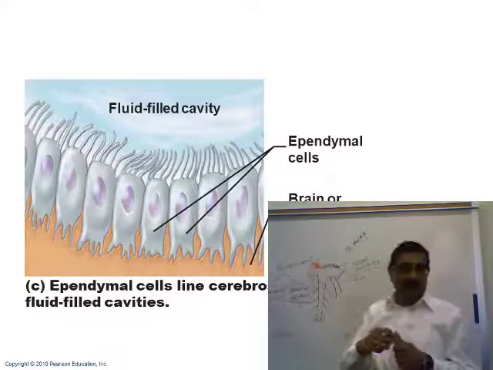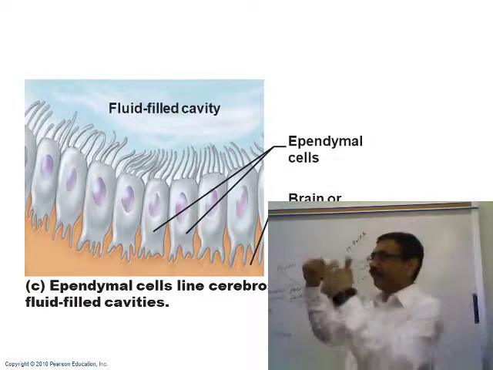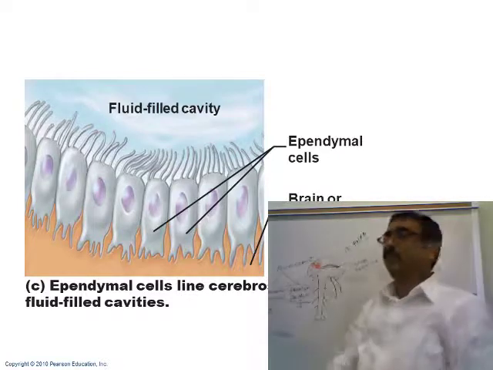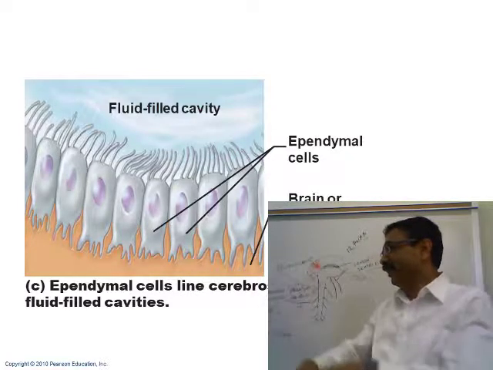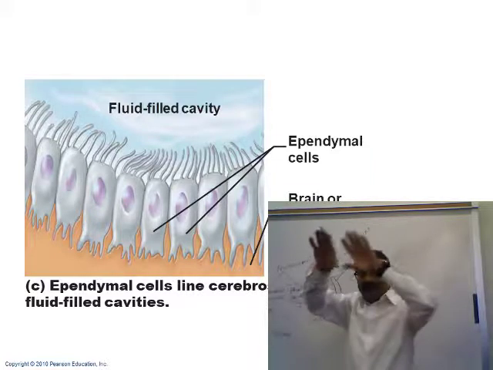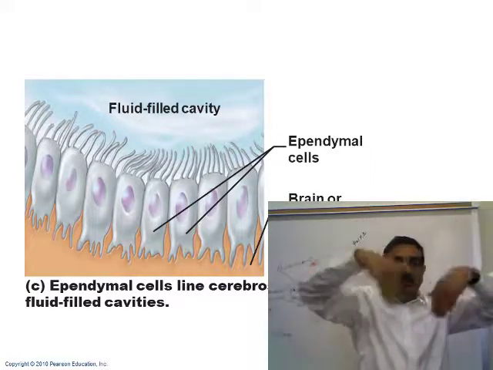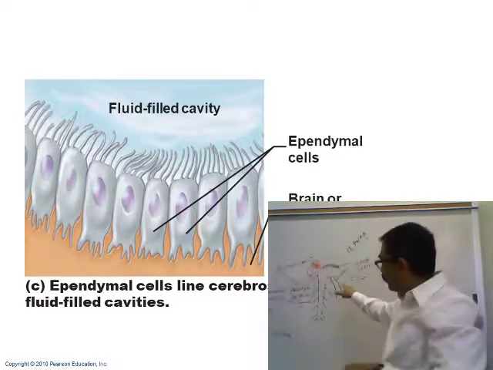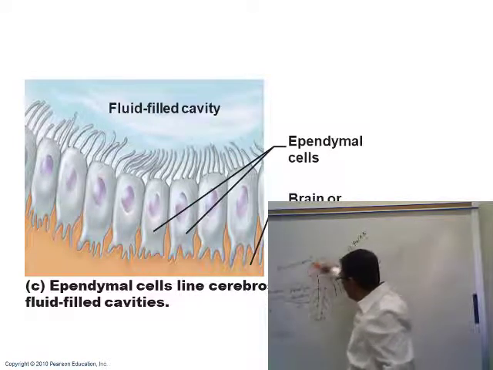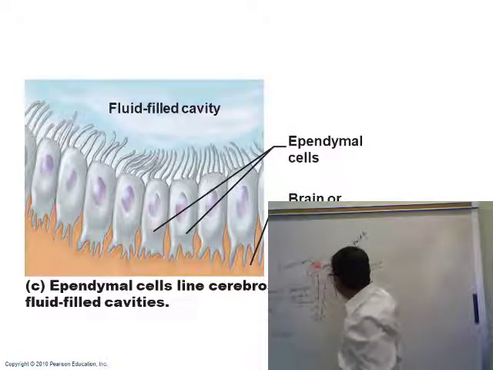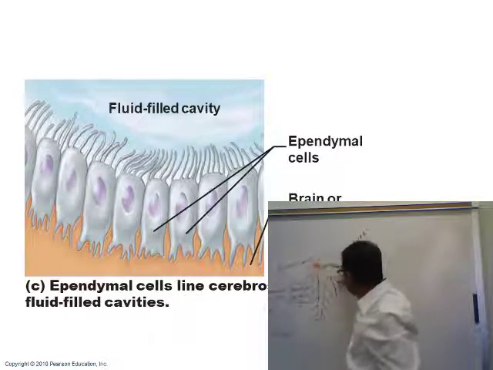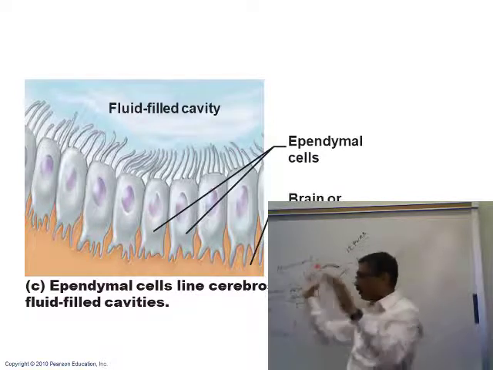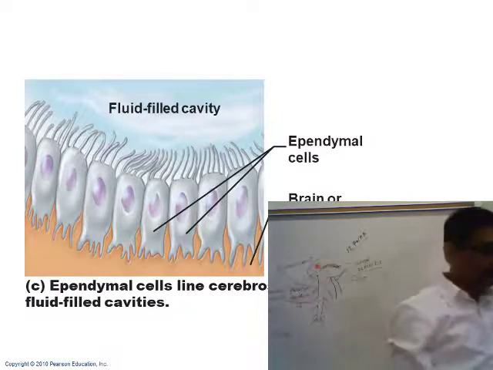The movement of cilia moves the cerebrospinal fluid inside the ventricle. Make sense? Inside the ventricle you have cerebrospinal fluid and the cilia are always moving, right? That helps to move the cerebrospinal fluid, and it must get out and circulate around the brain and the spinal cord, in the subarachnoid space, you'll learn that later. Just know that the fluid should get out and circulate around the brain and the spinal cord. So that movement is important to push the fluid.